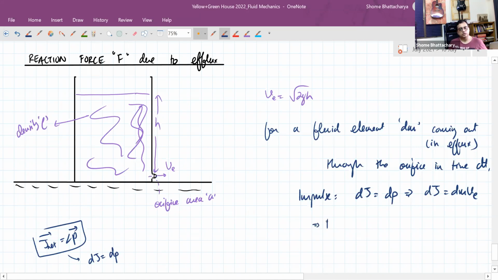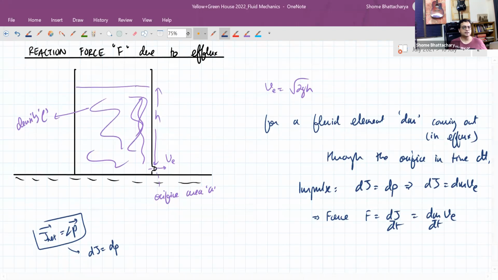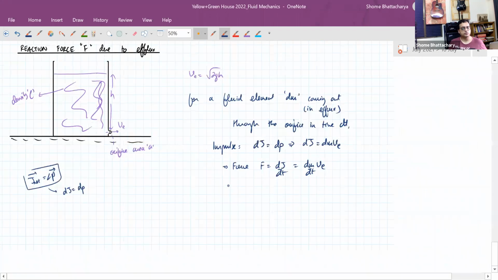So the force is the rate of change of impulse with respect to time. That becomes dm by dt into v, where dm by dt is the rate at which mass of liquid is coming out.